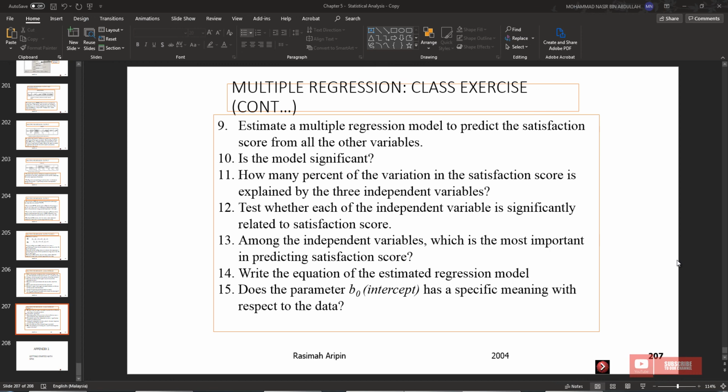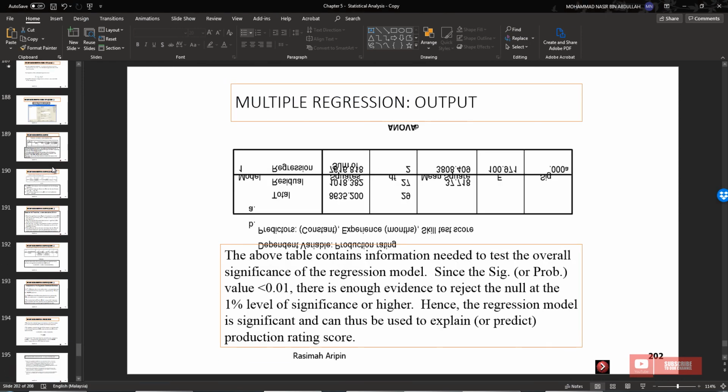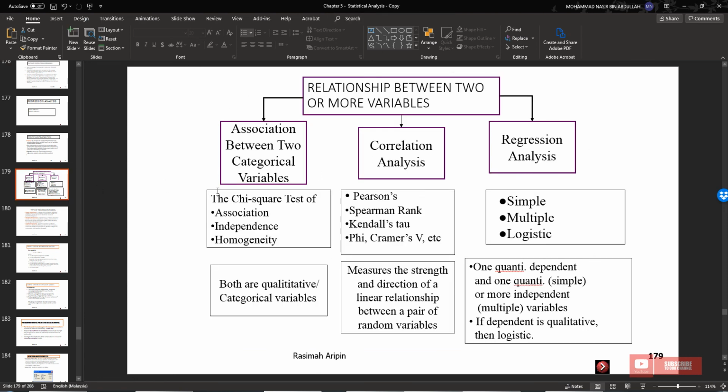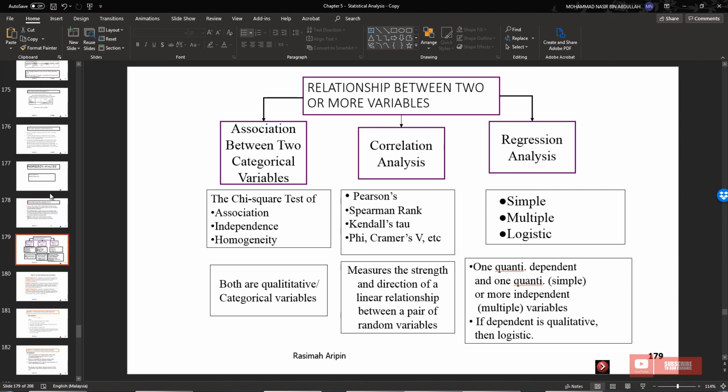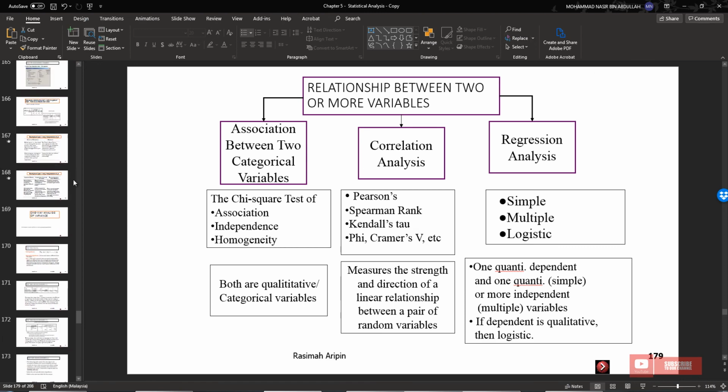But the point is you need to understand this flow chart. This flow chart shows when to use simple linear regression or multiple linear regression, when to use Pearson chi-squared, and when to use Pearson product moment correlation. You can screenshot this one first.